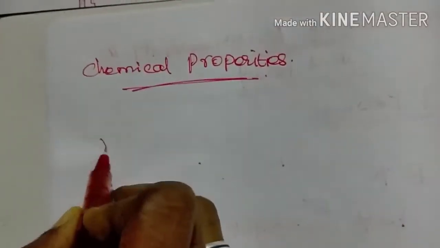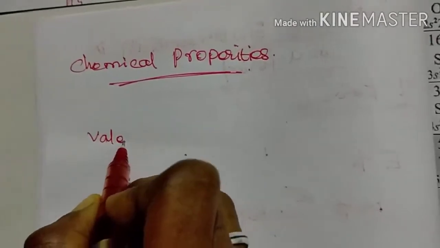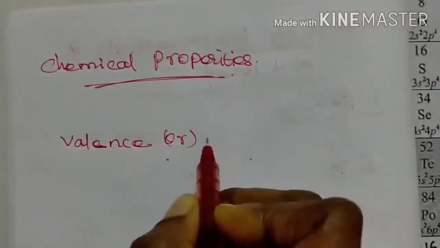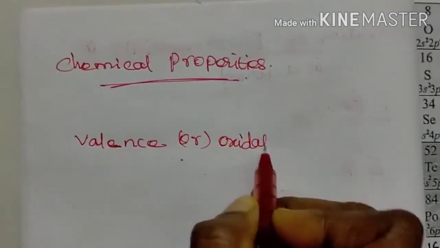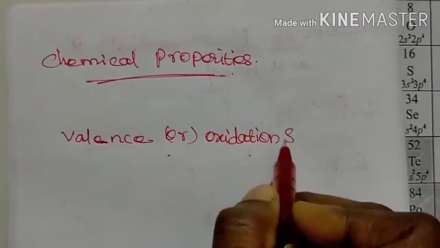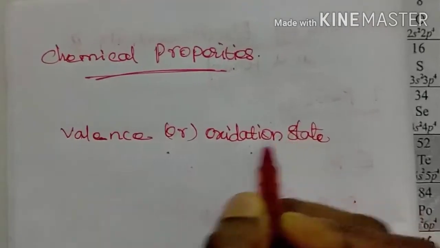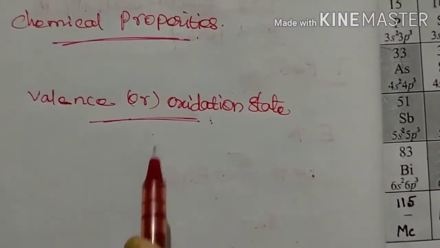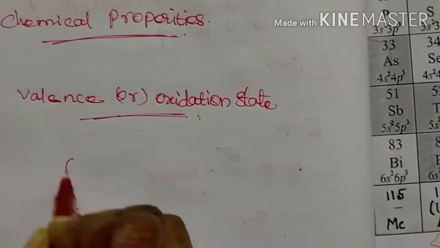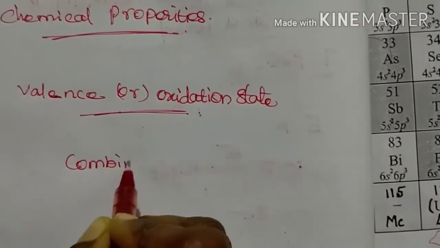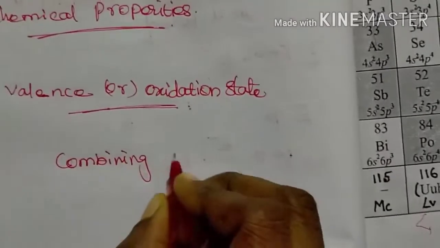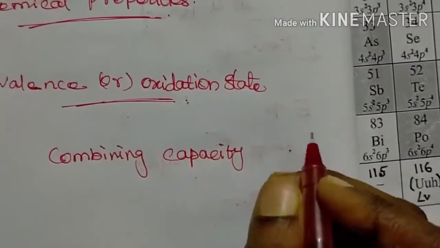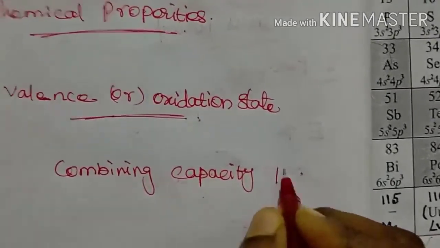The first chemical property is valence or oxidation state. Generally, the valency of an atom is its combining capacity relative to hydrogen.